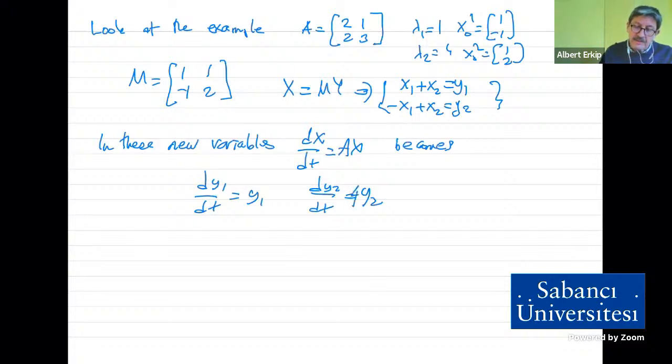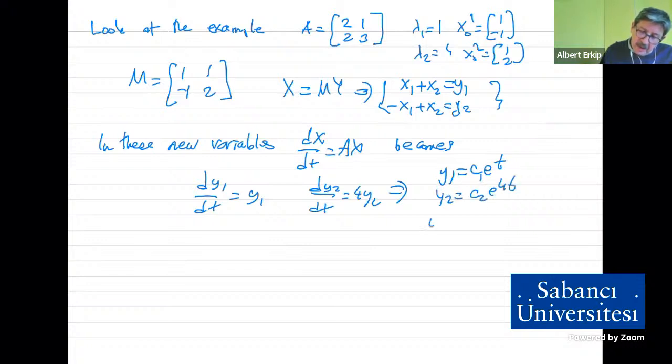Lambda 2 is 4. This gives that y1 is some constant times e to the t, y2 is another constant times e to the 4t, or y2 is some constant times y1 to the 4th.